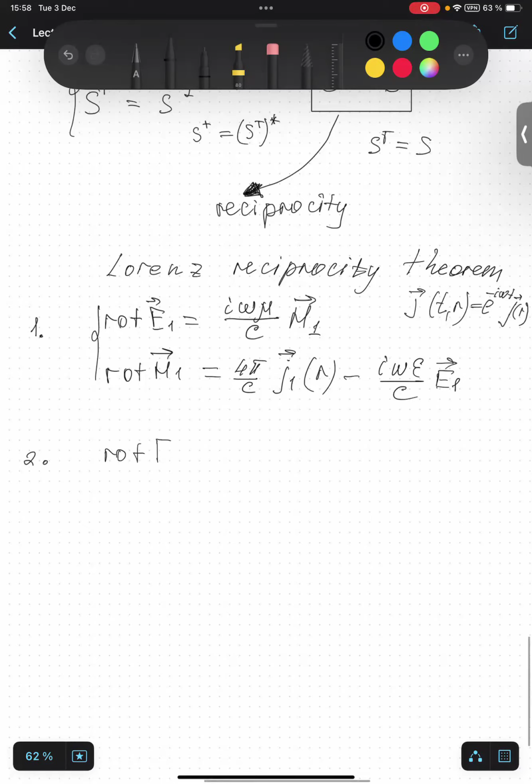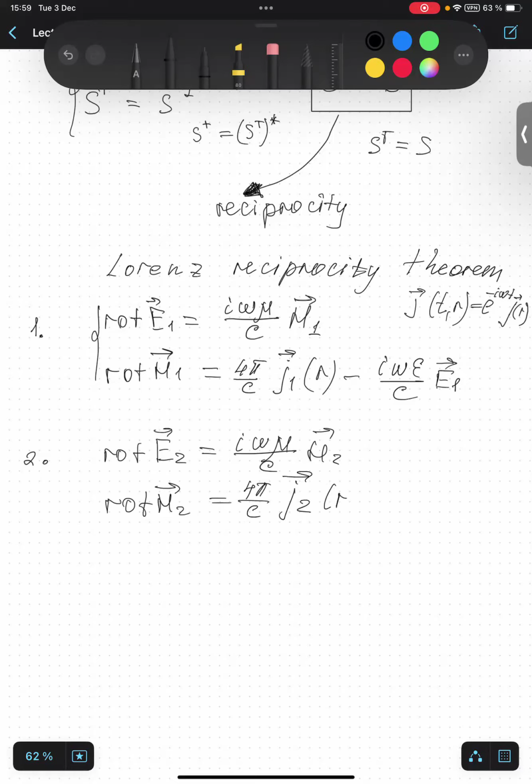For the second, we can write almost the same equations, with H2, 4π over c J2, minus iω ε over c E2.